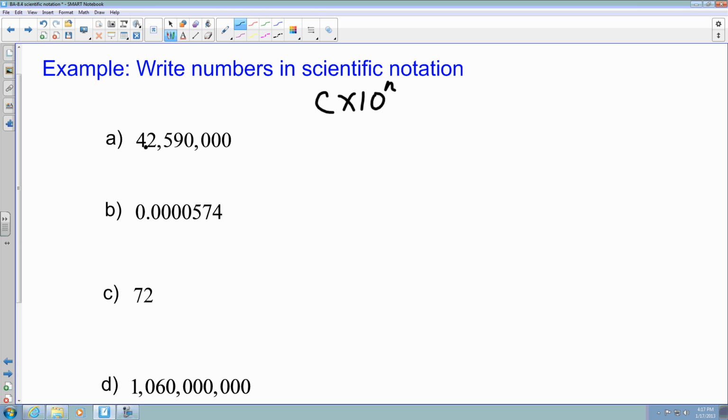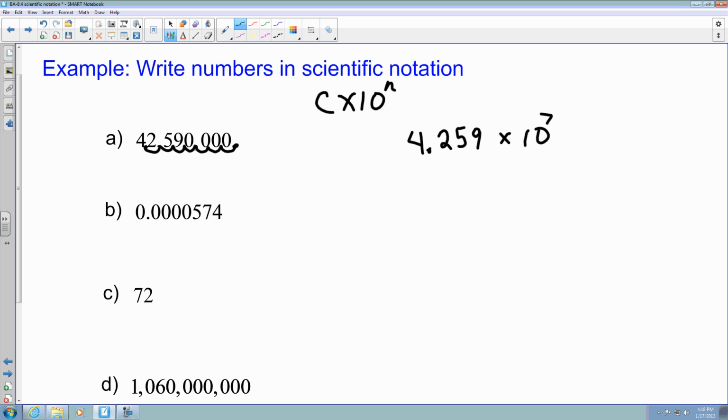So my c for example A will be 4.259 times 10. And now I go to where my original decimal point is: 1, 2, 3, 4, 5, 6, 7, to the 7th power. And I know that it is a positive exponent because 42,590,000 is greater than 1.